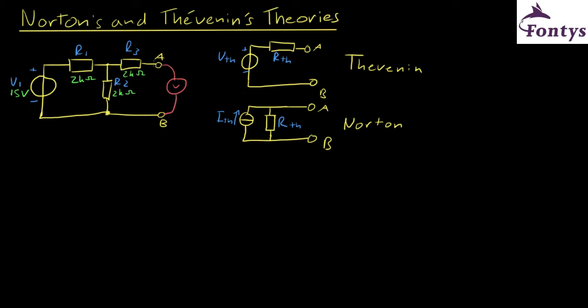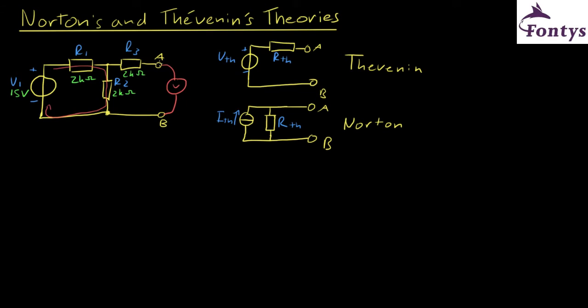In this situation, there's no current flowing out of point A from A to B, or the other way around. And so the only current is flowing through R1, through R2, and then back to the source.